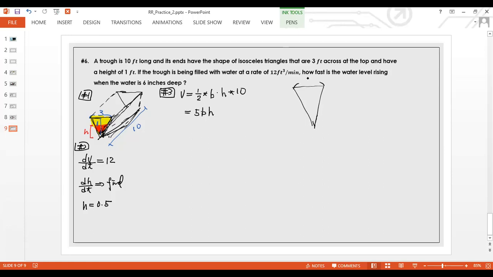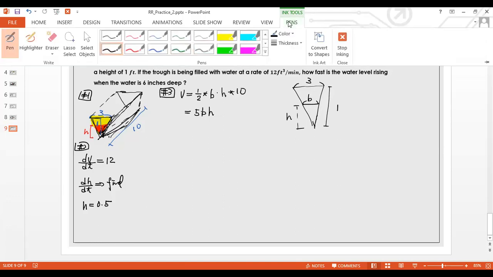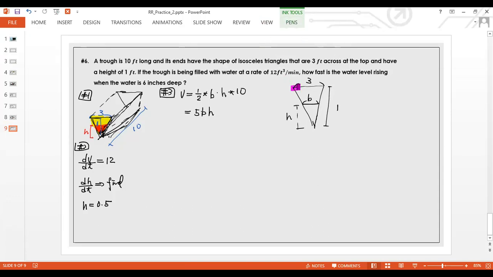The top is 3, and the height here is 1. If I have a height H here, I want to find the base B. We have this big triangle, and it is similar to this small triangle here.